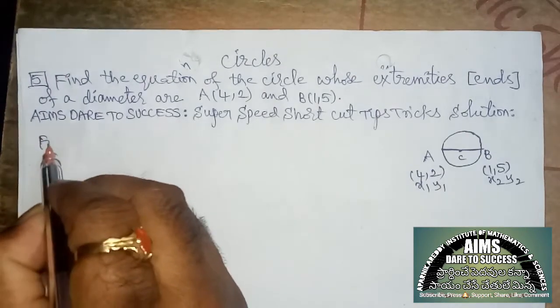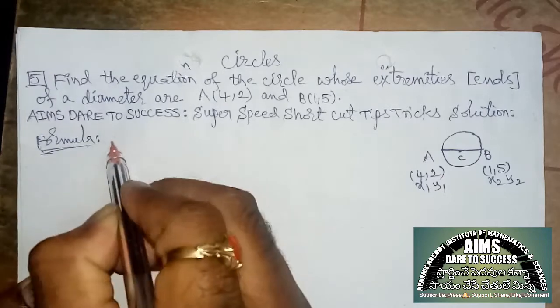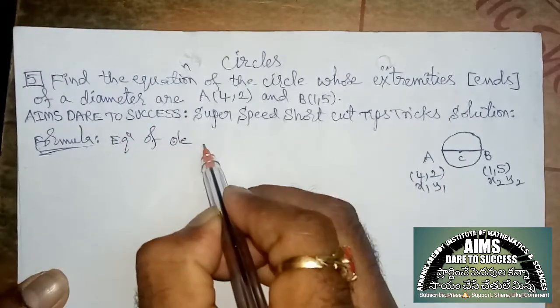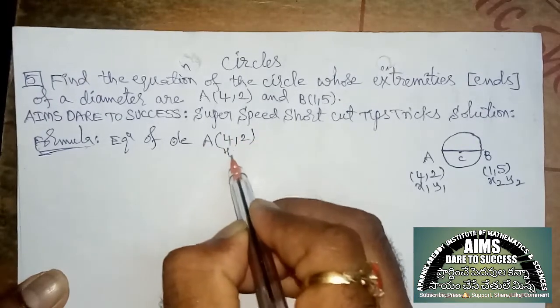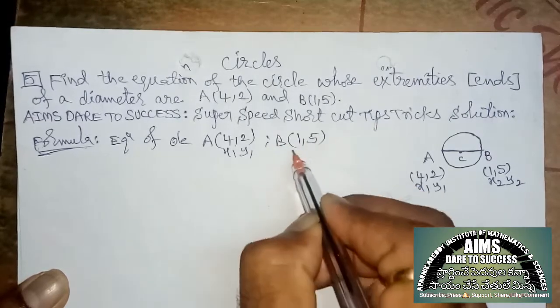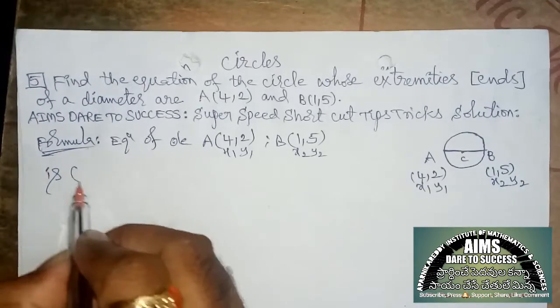Now I am writing the small and simplest formula, the equation of the circle whose ends of the diameter A (4, 2) is (x1, y1). Next one, B is (1, 5), let it be taken as (x2, y2).